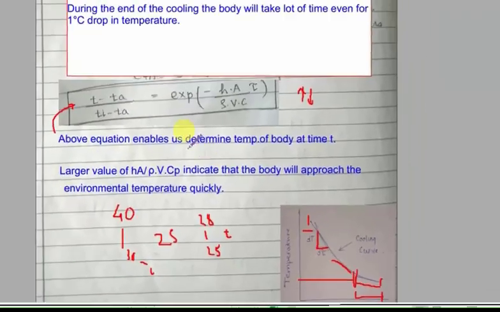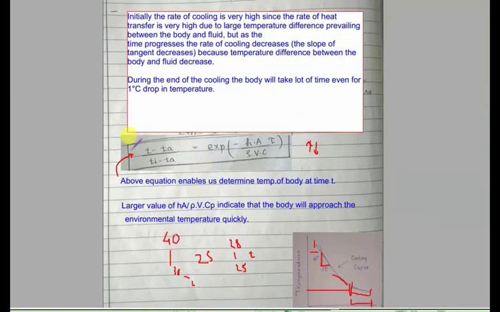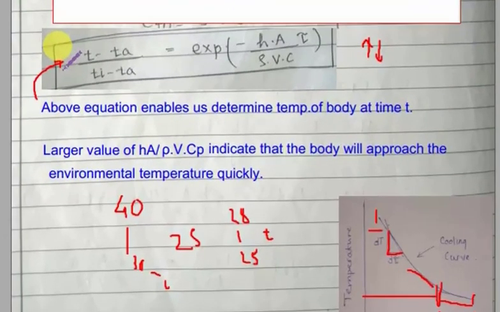So what conclusions can we draw from this temperature distribution equation? The temperature rises or falls exponentially. And one more conclusion is that a larger value of HA divided by rho Vc indicates that the body will approach the environmental temperature quickly.